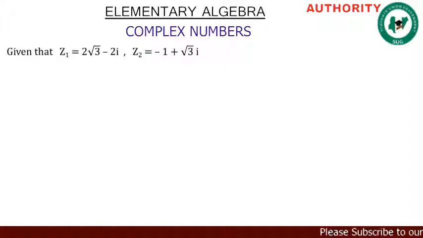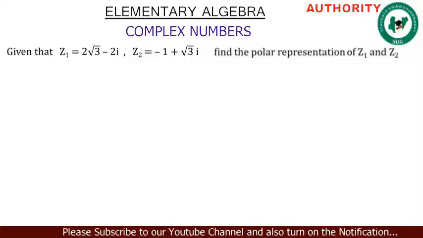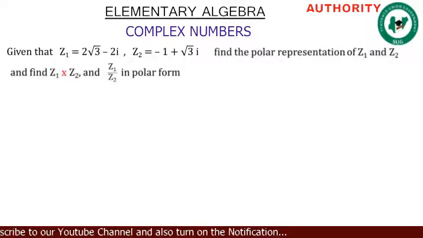Given that z1 equals 2 root 3 minus 2i, z2 equals minus 1 plus root 3i. Obtain the polar representation of z1 and z2 and find z1 times z2 and z1 all over z2 in polar form.